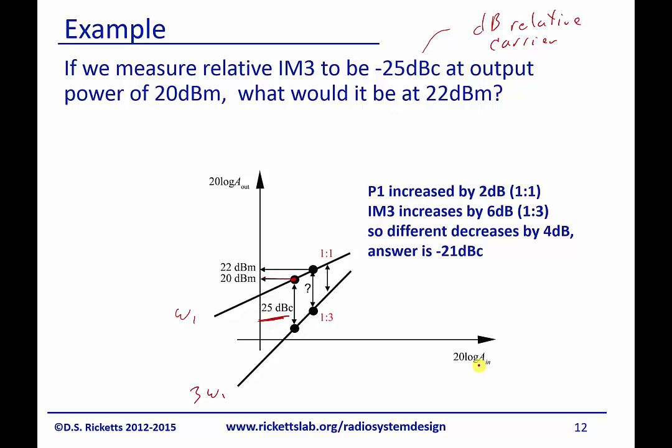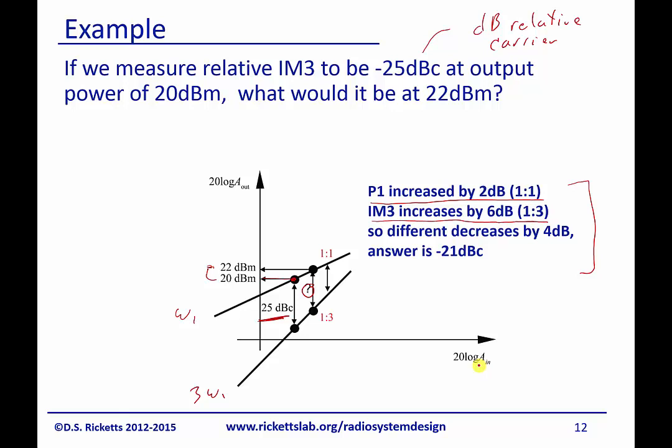The question is, what is the difference going to be at an input power of 22? Now it's written out here, but I want to go over it really slowly. So P1 is increased by 2 dB, right? Because we've gone from 20 to 22. IM3 is increased by 6 dB.